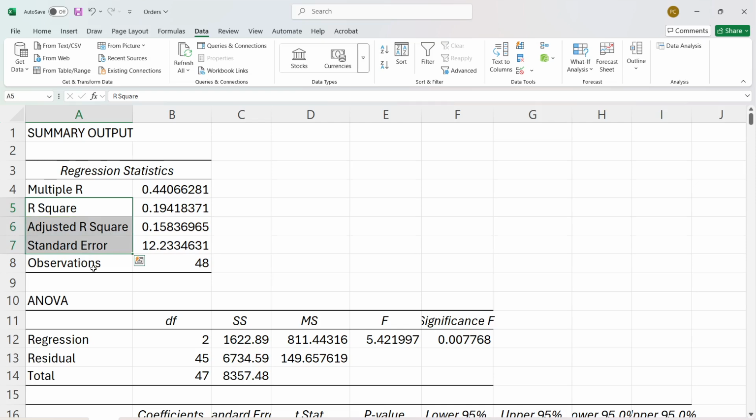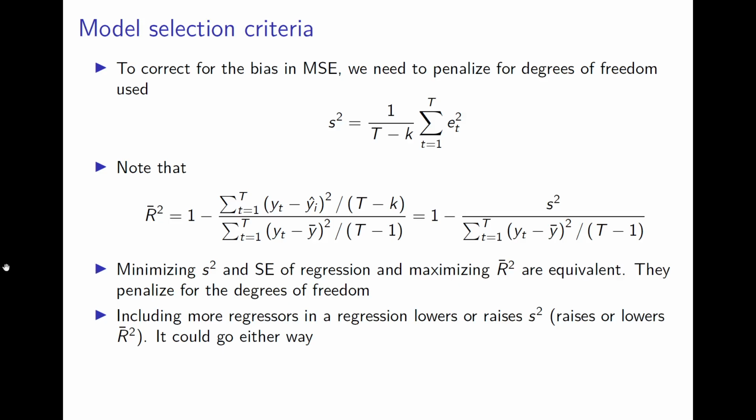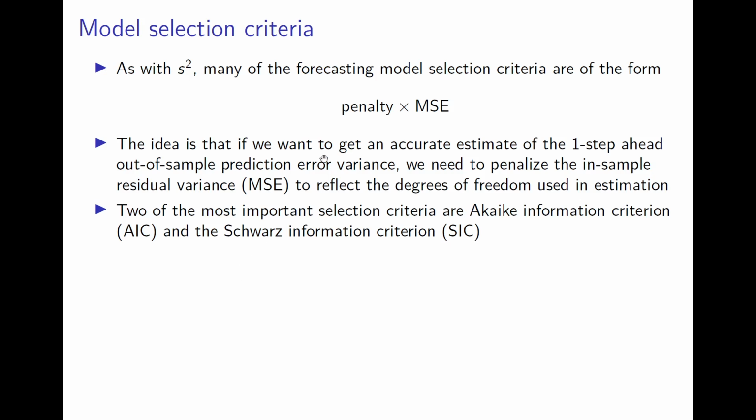So just to fill in the blank, what could you do instead? Well, there are other statistics that will use something like the original mean squared error and then apply some penalty to that, some function that gets larger as you use more degrees of freedom, as k gets larger. So if I use a model that has 4, 5, 6 parameters, this penalty should get very large very rapidly.